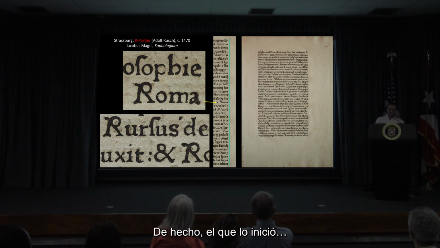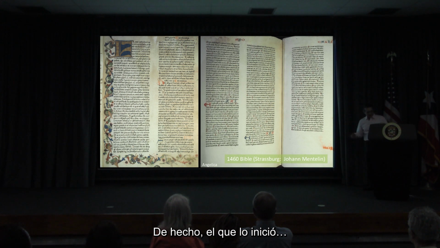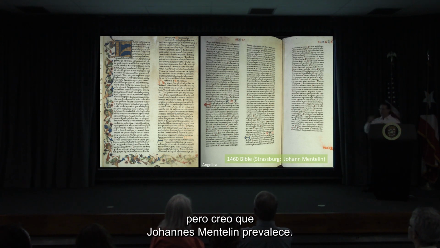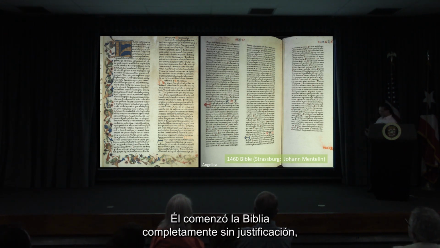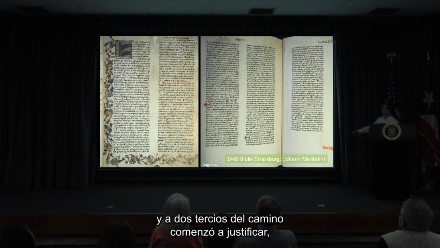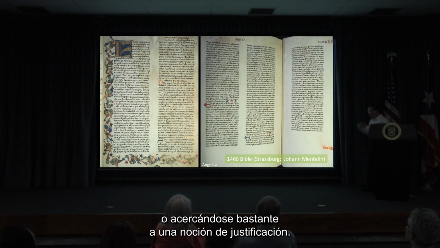In fact, the one that started it, and there are two different printers that start exactly at the same time, both working on the Bible, but I think Johann Mentelin takes precedence. He started the Bible completely unjustified, or relatively unjustified, and 2/3 of the way through, he actually started justifying, or getting pretty close to the notion of justification.